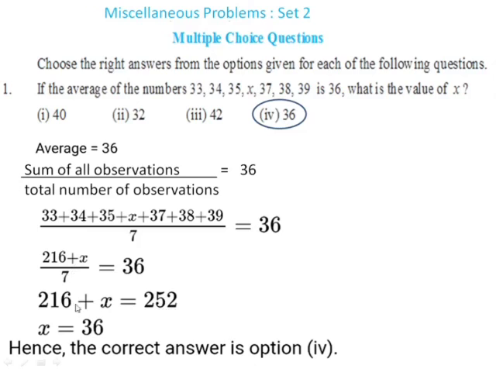And 216 plus x, the numerator, will remain as it is. Now as you have to find the value of x, here 216 is in addition, on the other side it will come in subtraction, that is 252 minus 216, you will get 36. Therefore x is equal to 36. Hence the correct answer is option number 4, that is 36.